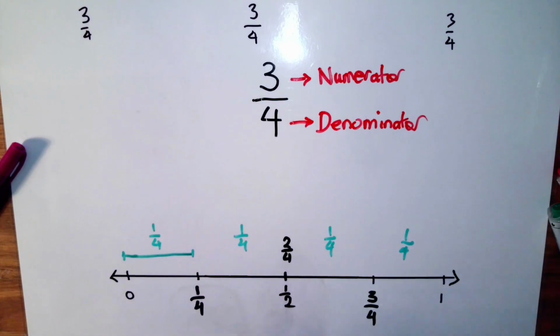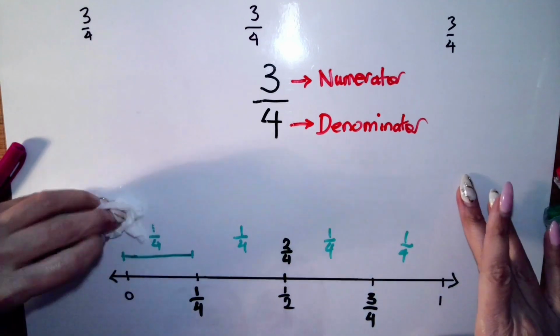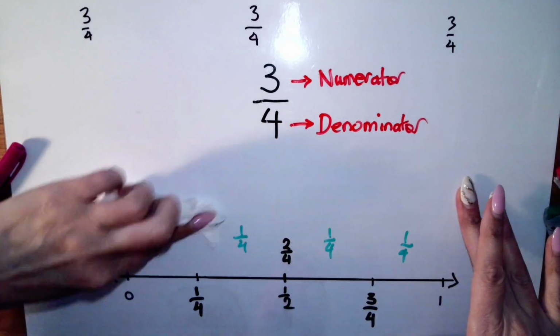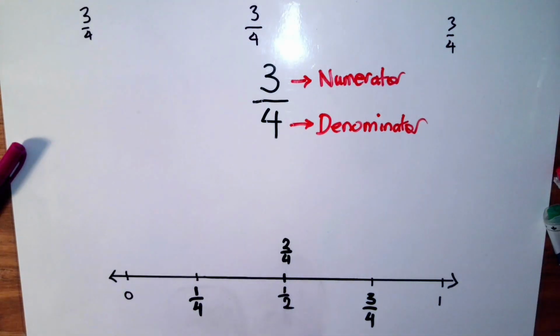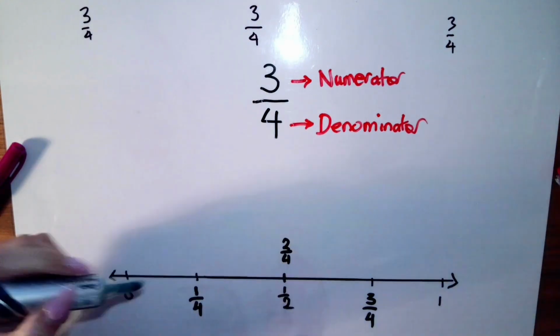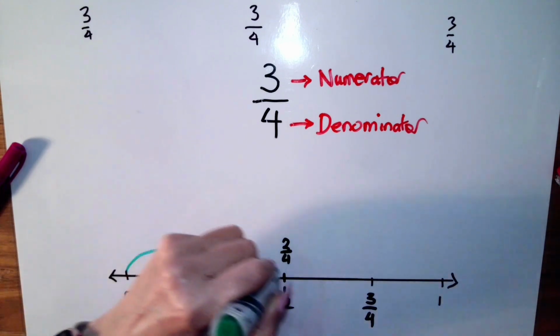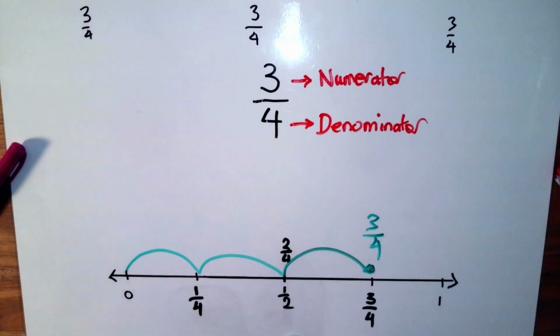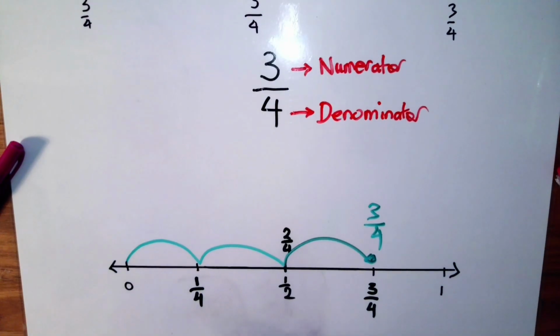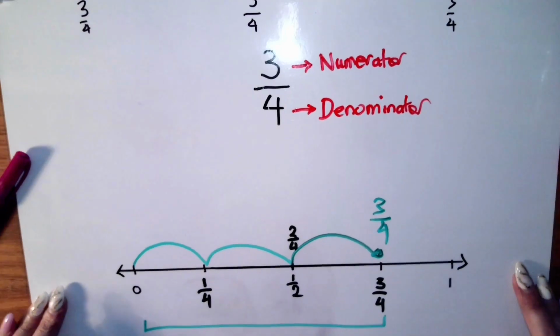So it's like this length model, as we start at 0 and we move along the number line like we're walking along a track. So my 1/4 will be 1, 2, 3, and I end up here at 3/4. So 3/4 of my number line is this distance here.